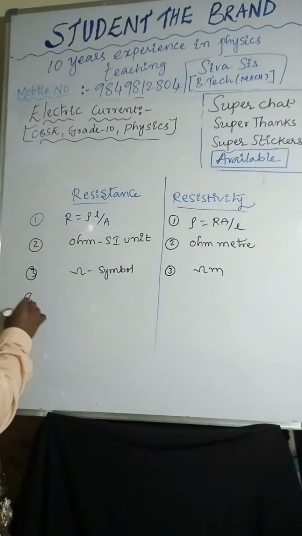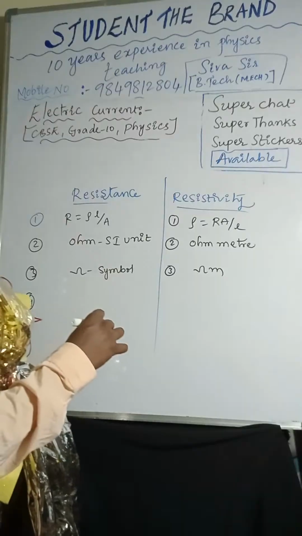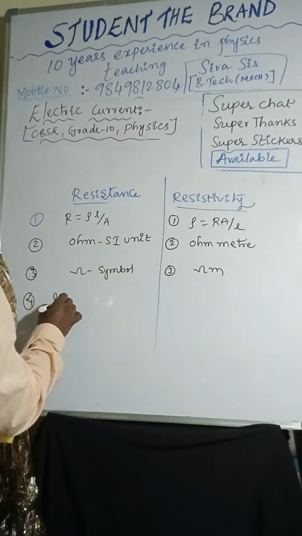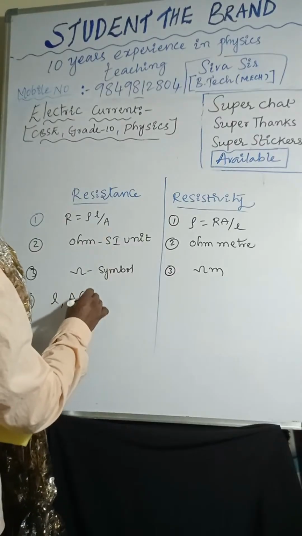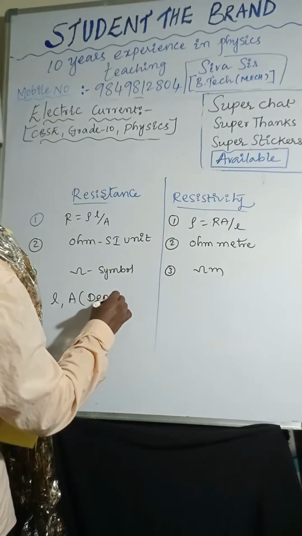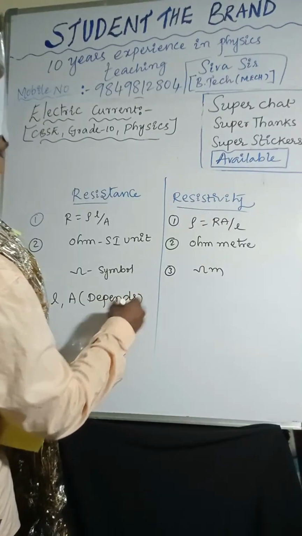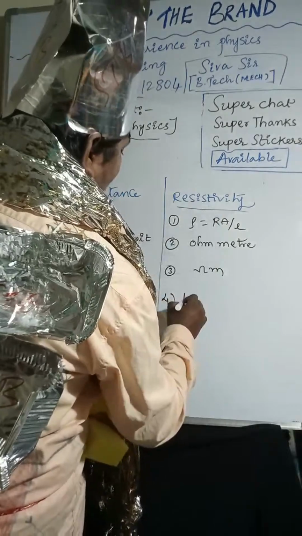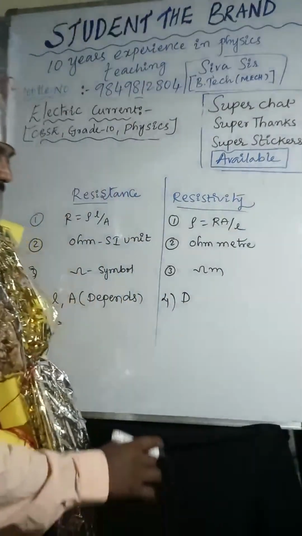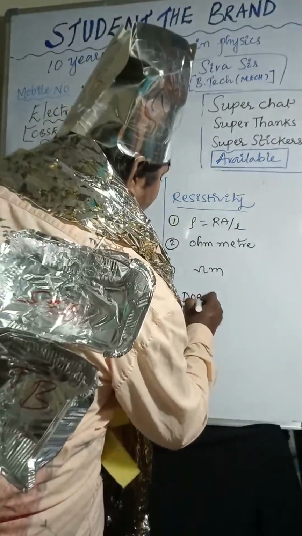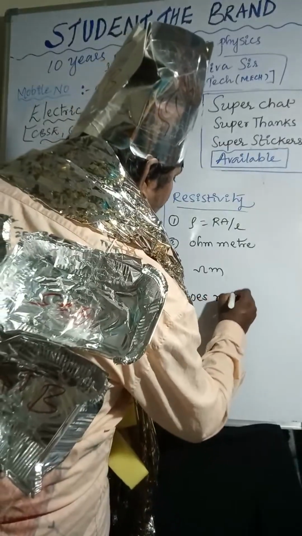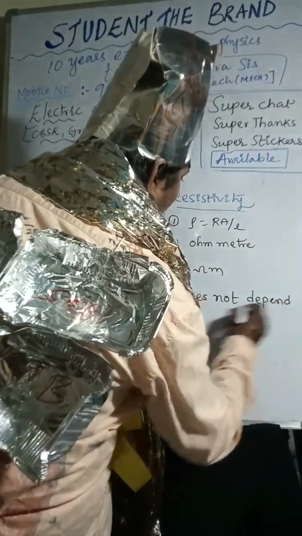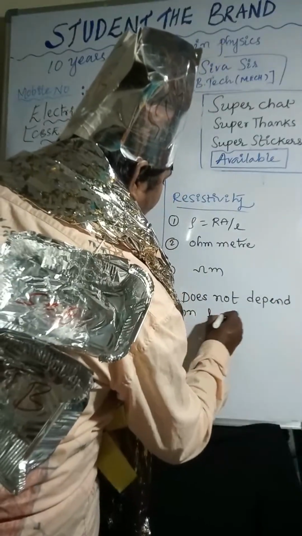And the fourth one, resistance depends on the length of the conductor and area of cross section. Resistivity does not depend on length and area.